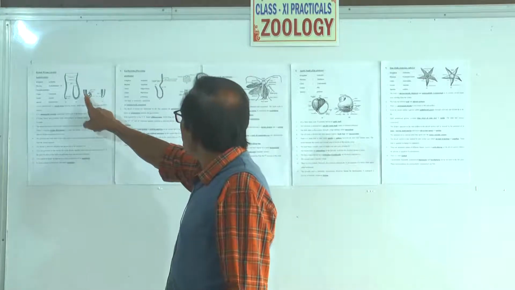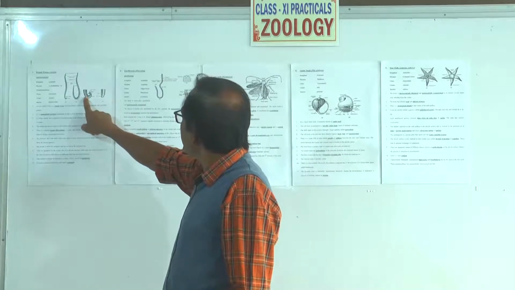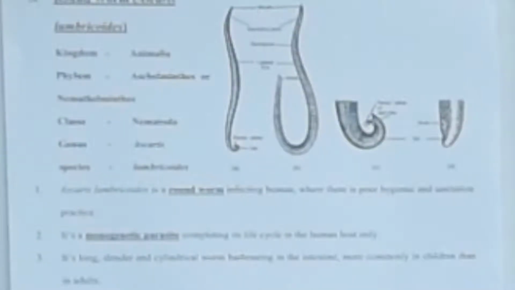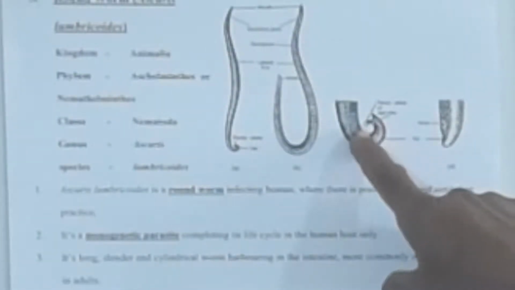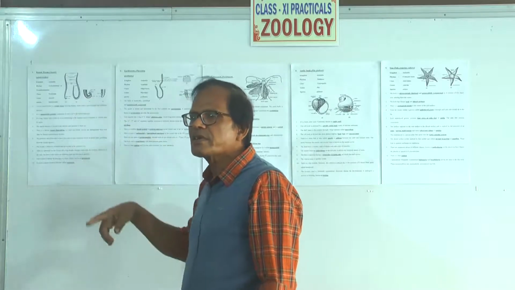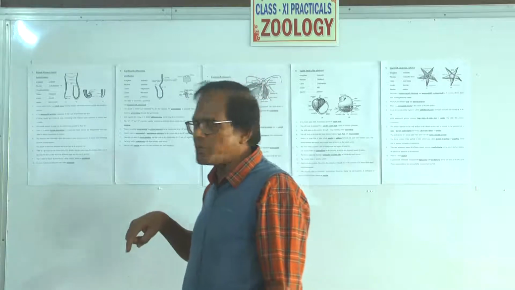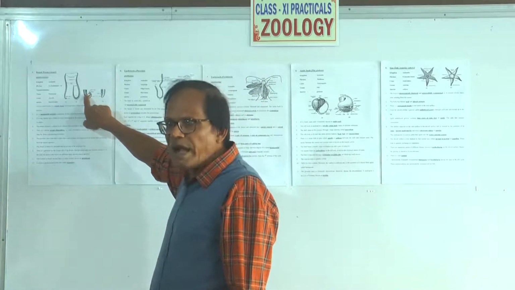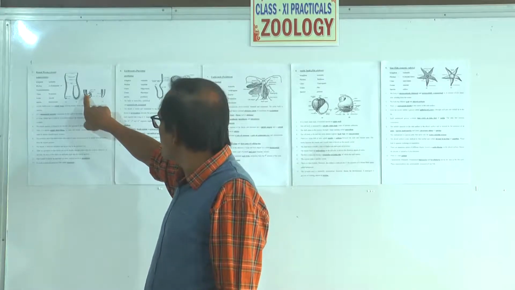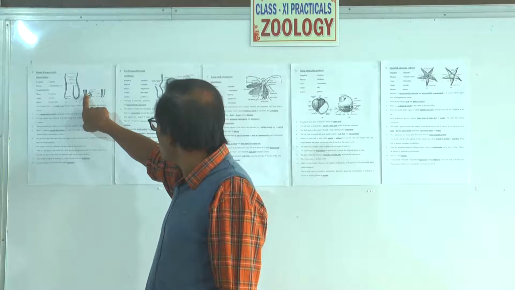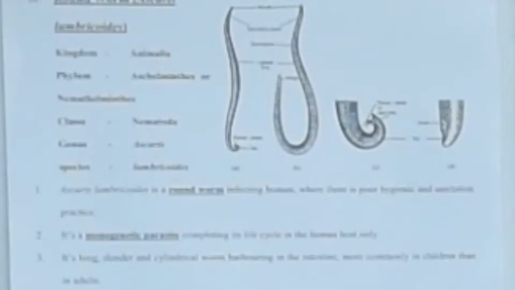Look at this. This is the posterior end of male Ascaris, and this is of the female. The posterior end of the male Ascaris is curved, slightly curved, and a pair of spine-like structures emerge from the cloacal aperture. Such spiny structures are called penial setae.